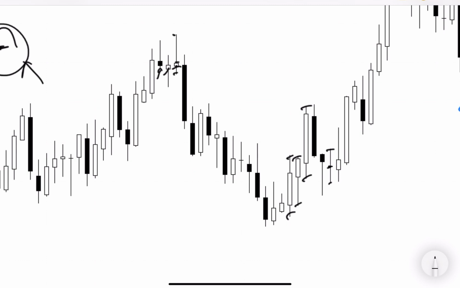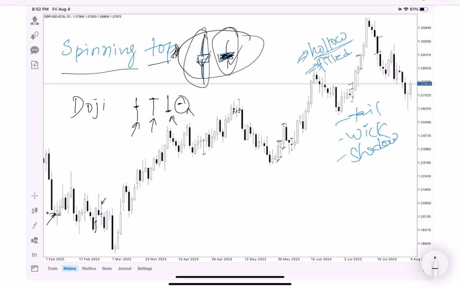You cannot find a perfect doji, but these candles are looking like doji. They also say the same thing, that the market is in indecision, and you have to exit the market from whatever position you have, and then wait for further price development according to the upcoming market condition.